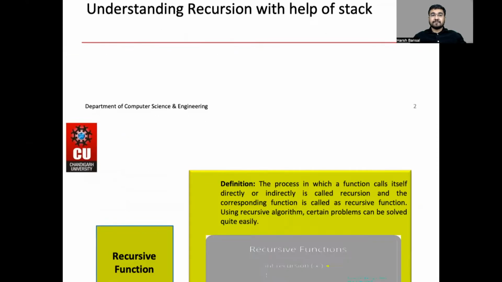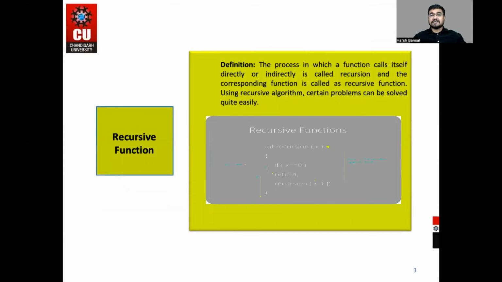Let's get started. What we have over here is a precise definition: the process in which a function calls itself directly or indirectly is called recursion. You can see that here we have a function named recursion of x, and within the function body, the function is calling itself.